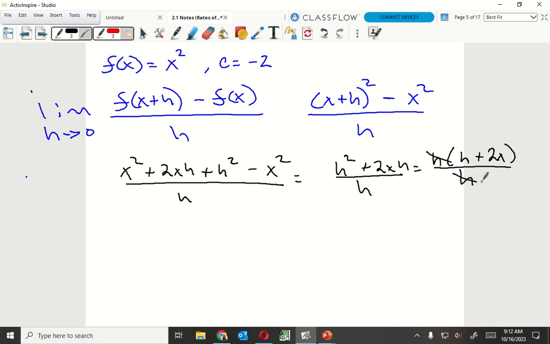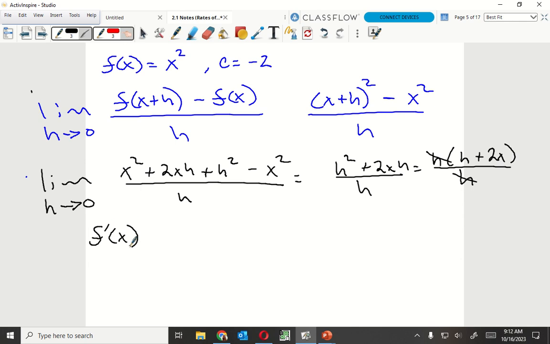And now can I do the limit as h approaches 0? Yeah. So now I can plug in 0. So I'm going to get f prime of x. This is another way of saying it.